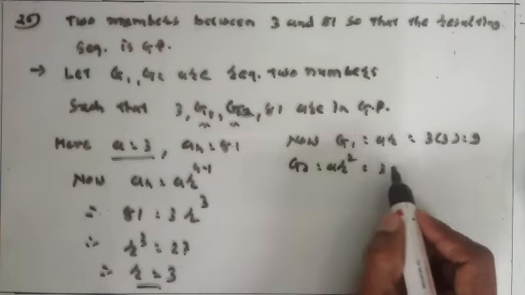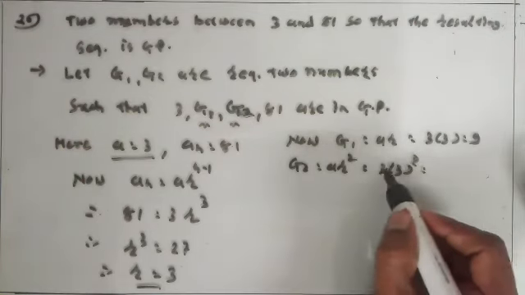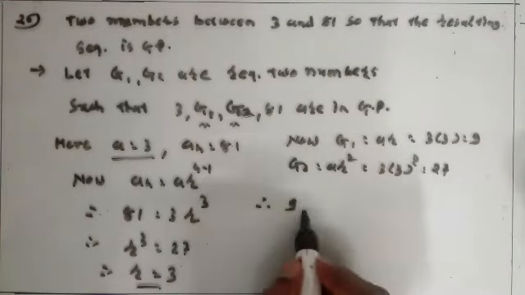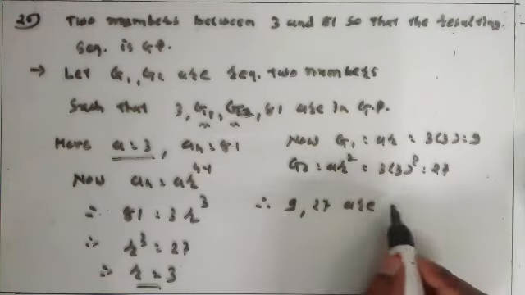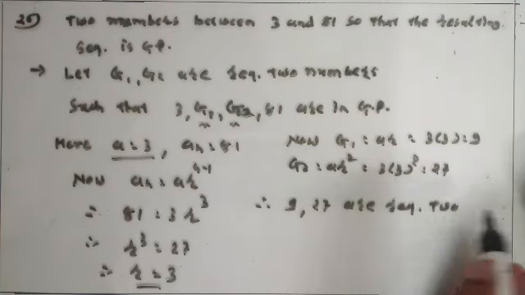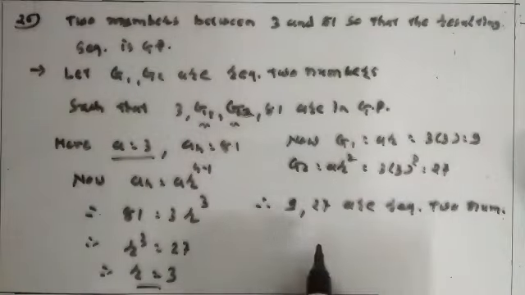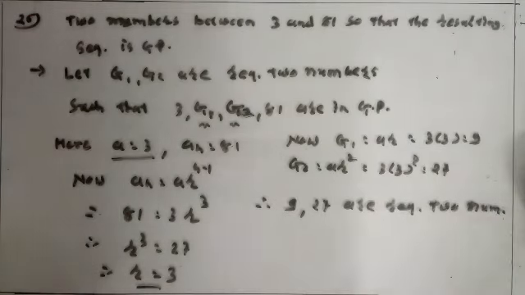So 3 into 3 square is equal to 3 square is 9 into 3, 27. Therefore 9 and 27 are the required two numbers between 3 and 81 such that 3, 9, 27 and 81 are in a GP. Clear?